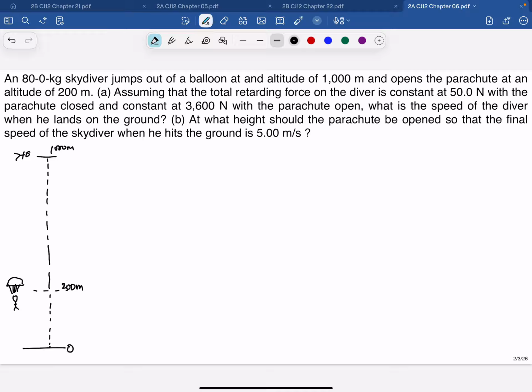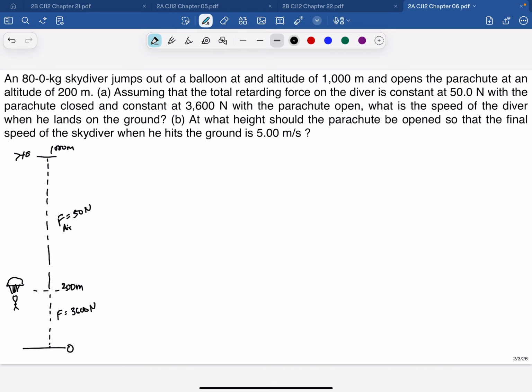I'm going to attach some other information here. I know that the force of air drag here was 50 newtons. After the parachute opens, the force in this section is 3,600 newtons.